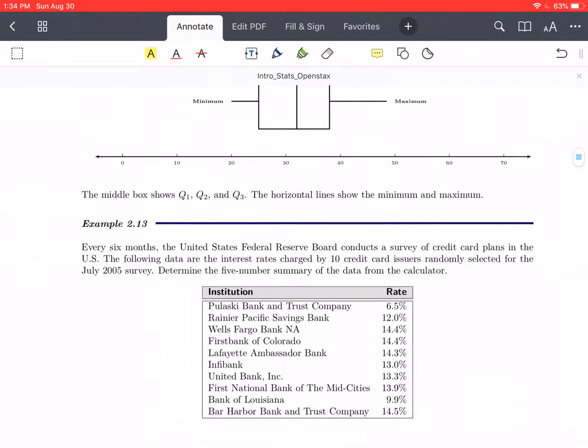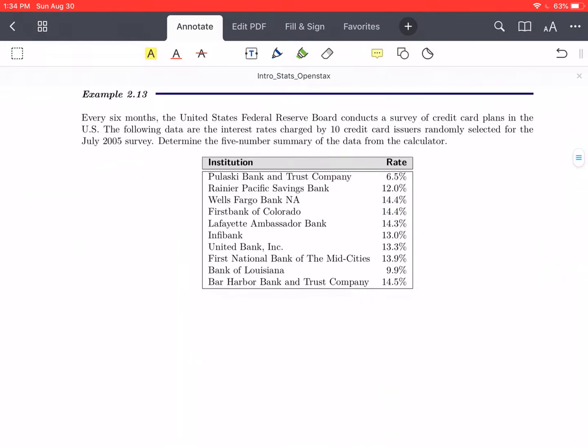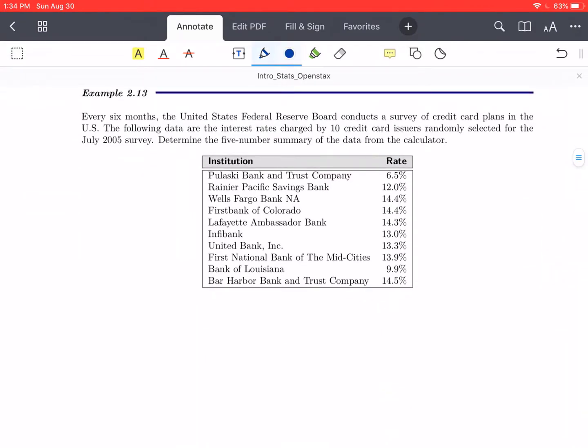Okay, so let's look at this example. Every 6 months, the United States Federal Reserve Board conducts a survey of credit card plans in the U.S. The following data are the interest rates charged by 10 credit card issuers randomly selected for the July 2005 survey. Determine the 5-number summary of the data from the calculator. So this one, we'll just go through it quickly.